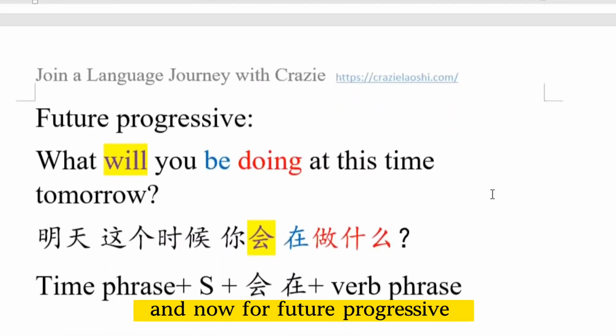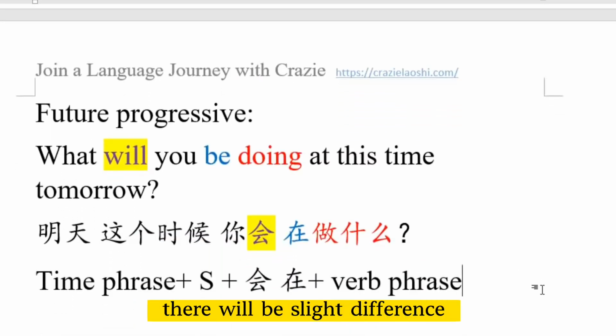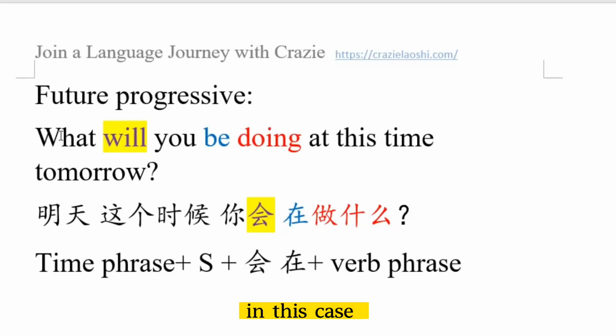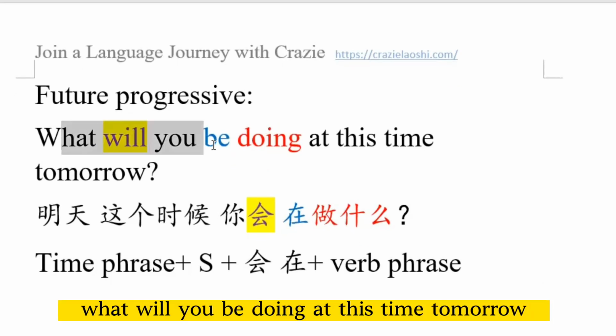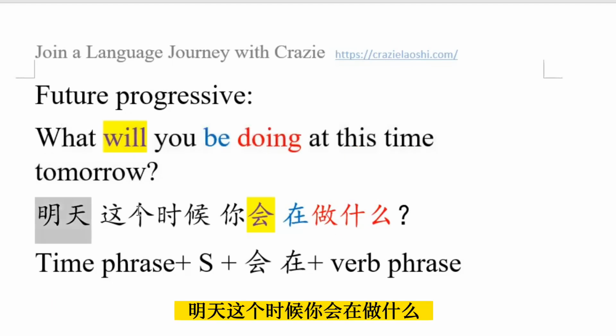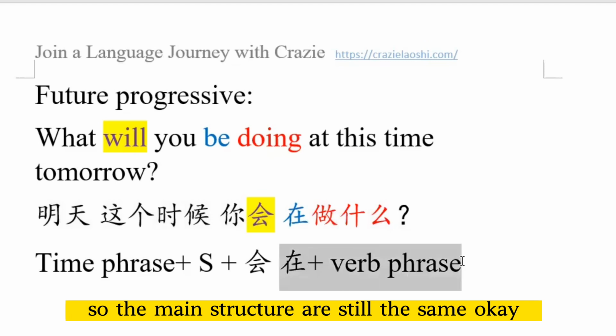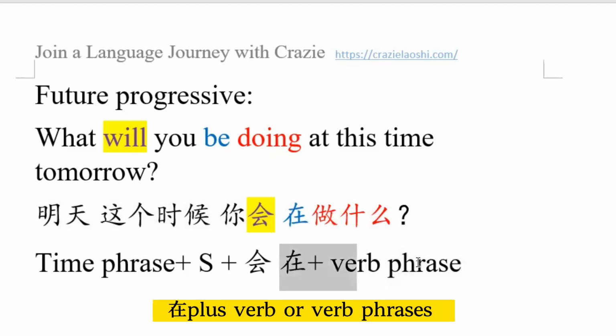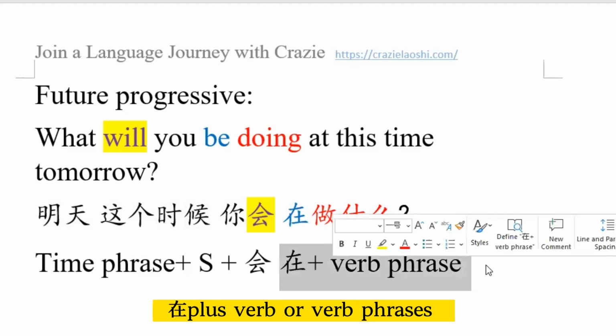This time phrase either is already in your sentence or implied by the context. And now for future progressive, there will be slightly difference. In this case, what will you be doing at this time tomorrow? 明天这个时候你会在做什么? So the main structure is still the same, okay? 在 plus verb or verb phrases.